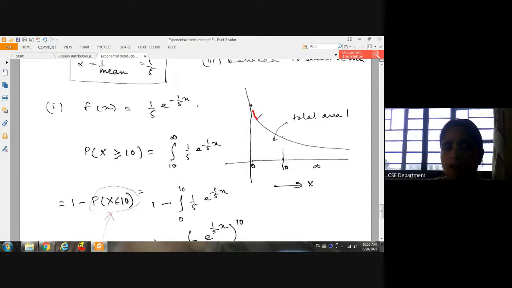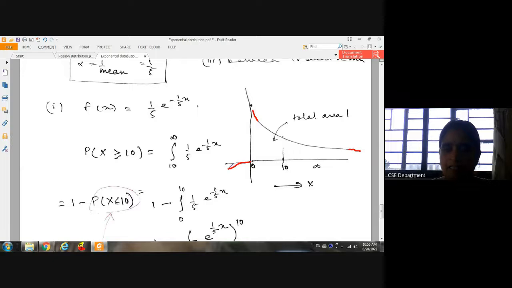I have just drawn how an exponential distribution looks. This is the total area 1. As x increases, the curve gradually approaches, tangent to, the horizontal x-axis. This is the shape of the exponential distribution. It starts from 0 and goes down.